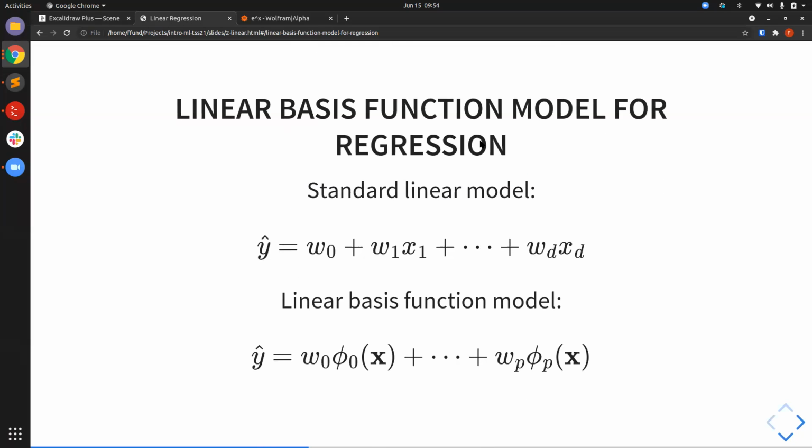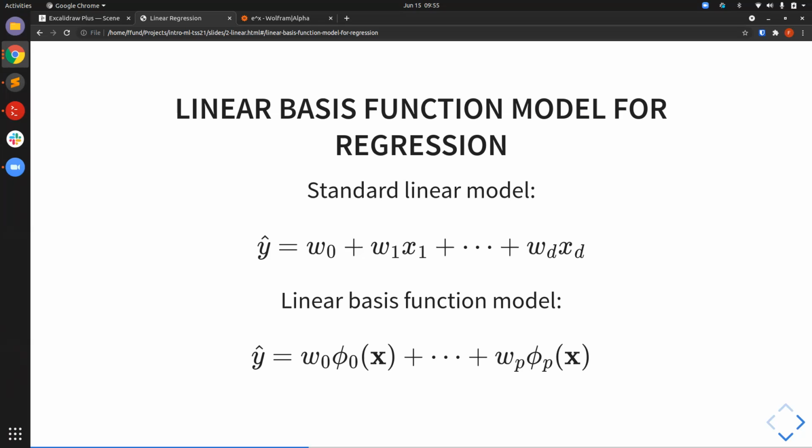So just as before, our model was linear in that y is equal to weight times the value plus weight times the value plus weight times the value. But now the value is going to be computed from a basis function, which takes the row vector as an input. Okay.